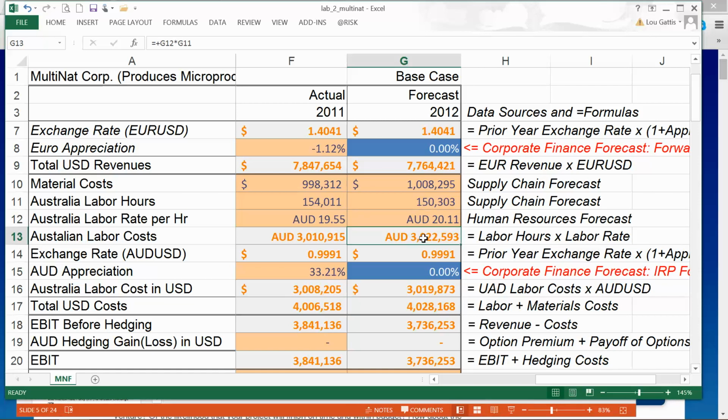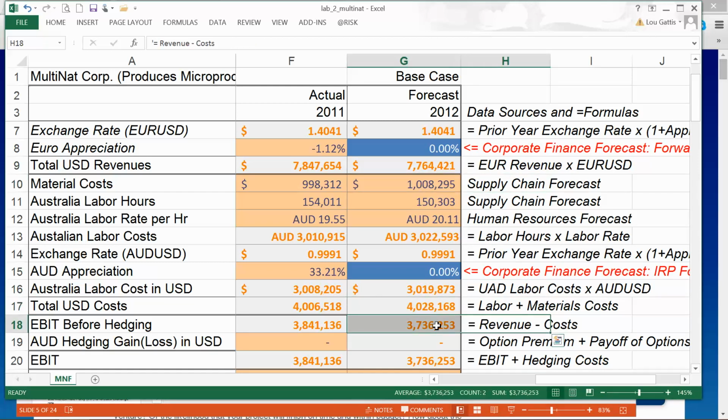That'll generate 3 million Australian dollars in costs at a spot price of $0.999 per Aussie. No forecasted appreciation yet, so that will generate $3 million in costs. The total US dollar cost, including Aussie labor and US dollar material cost, is then 4 million.